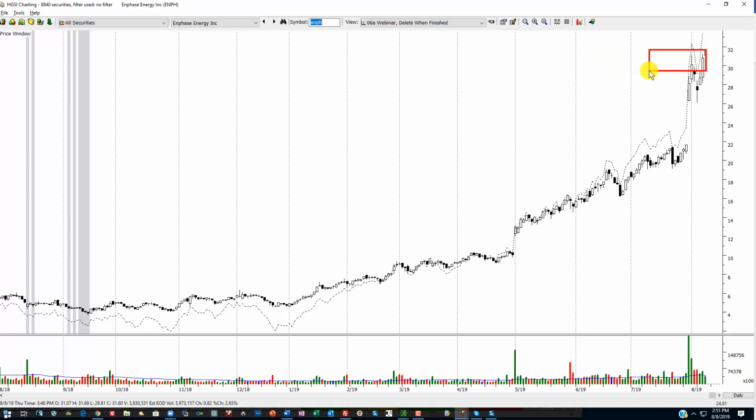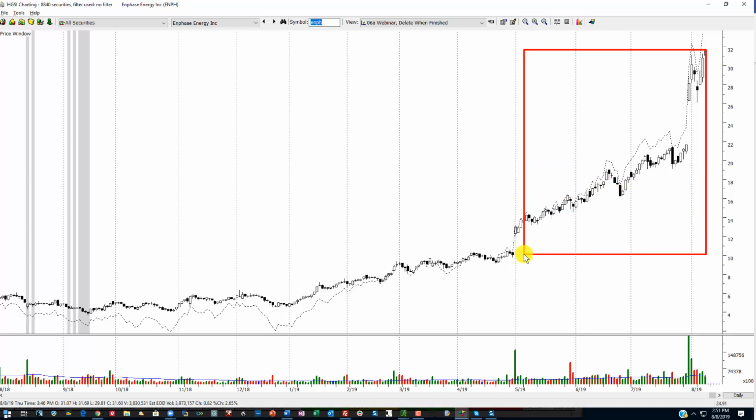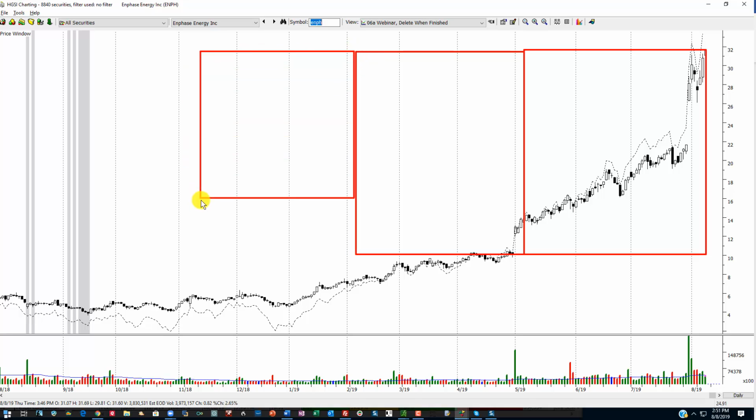So here's 1 month, 2 months, 3 months. 40% of the weighting is on this period right here. And then you go back 3 more months, and that would be 20% of the weighting. And the same back here, 20% of the weight.